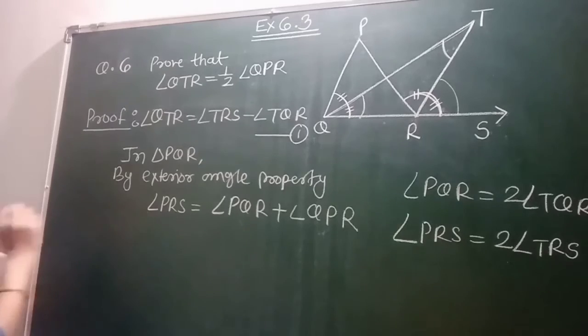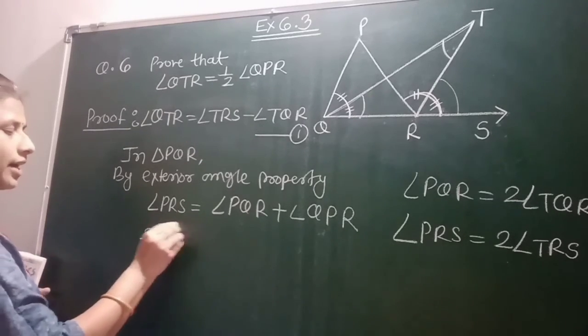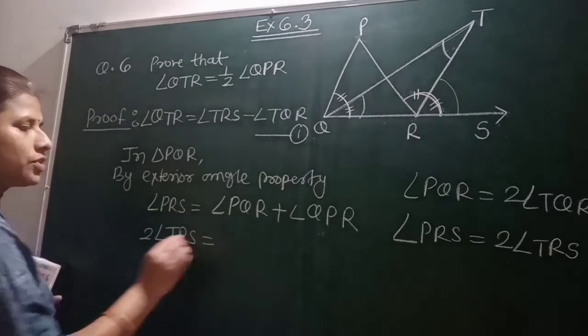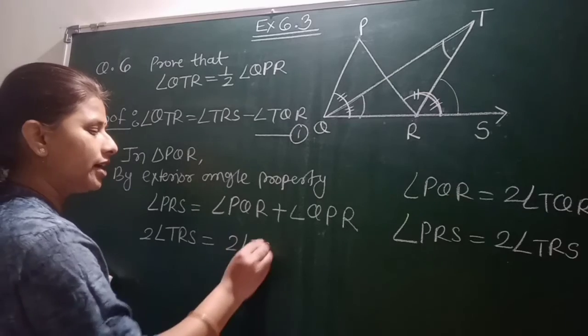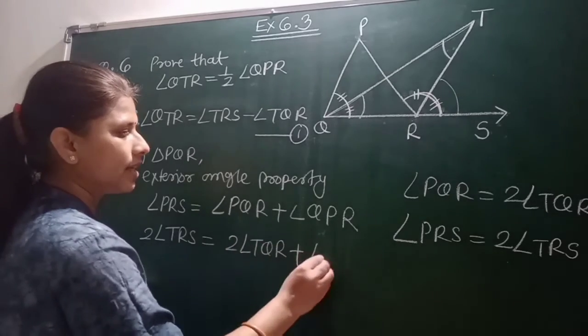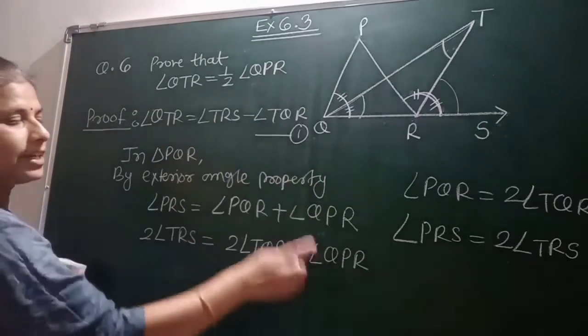So we will substitute these values. In place of PRS we will write twice angle TRS equals, in place of PQR we will write twice angle TQR, plus QPR as it is, because we want this angle QPR.